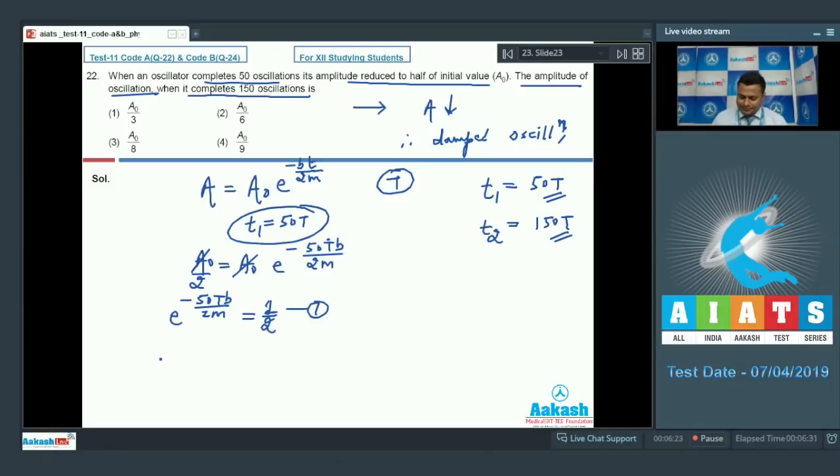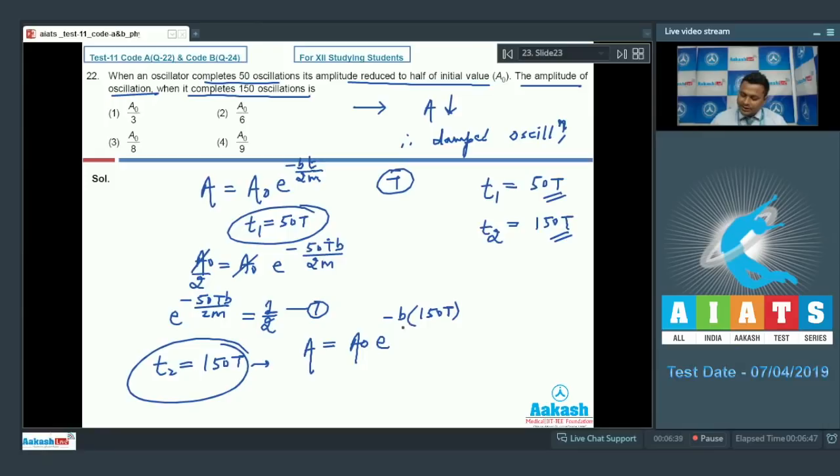Now putting the value of time t2 as 150 capital T, we get the new amplitude A as A naught e to the power minus b into 150 capital T divided by 2m. This can be further written as A naught into e to the power minus b 50 T upon 2m, whole cube.